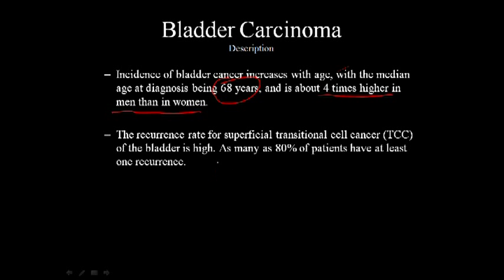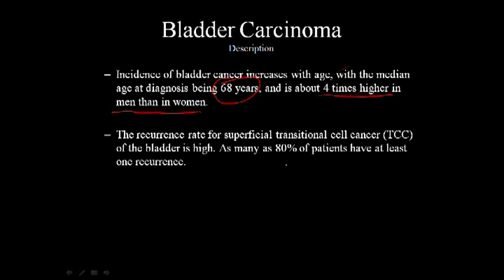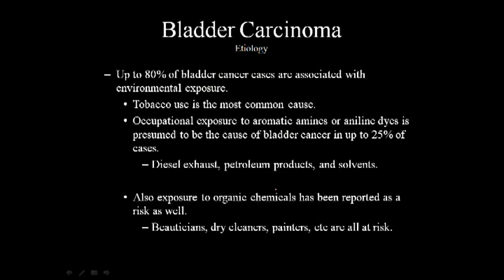And the thing to keep in mind is that 80% of all patients with bladder cancer will have some type of recurrence, whether it is simply a recurrence of what was there or a progression.